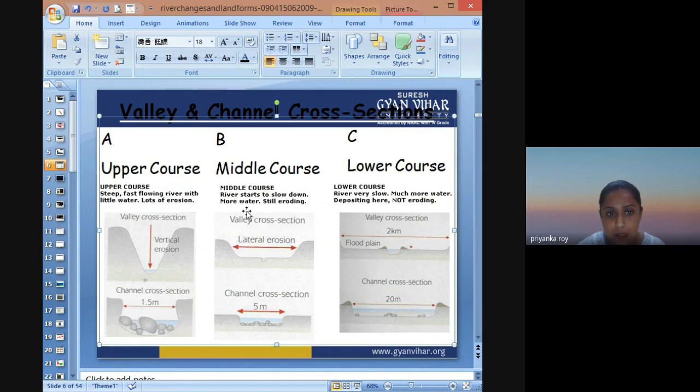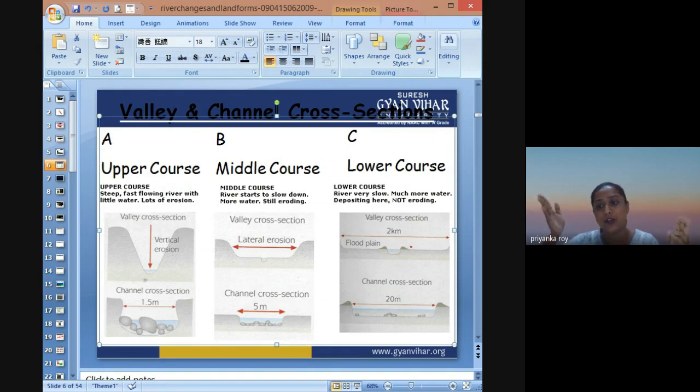Then in the middle course, when the river starts to slow down, the velocity of the water flow slows down comparatively from the upper course. So more water is collected, and the valley forms more of a U shape. In the upper course, vertical erosion happens. In the middle course, there is lateral erosion.